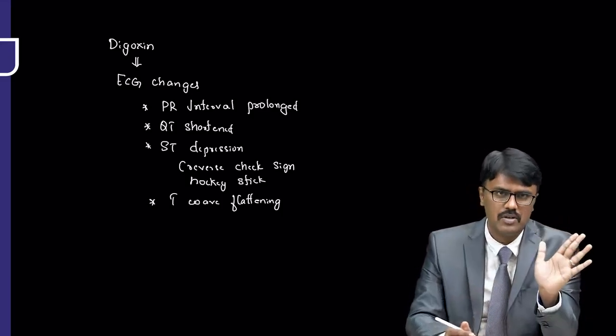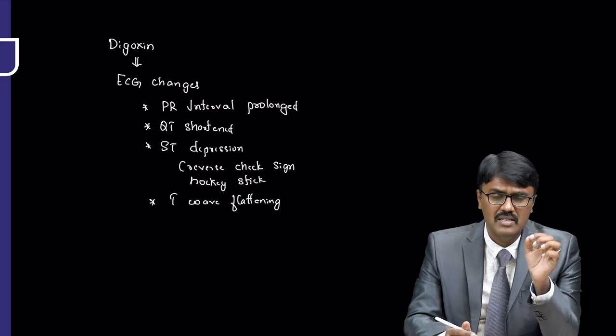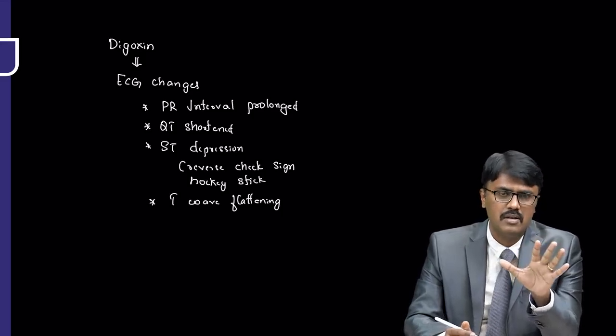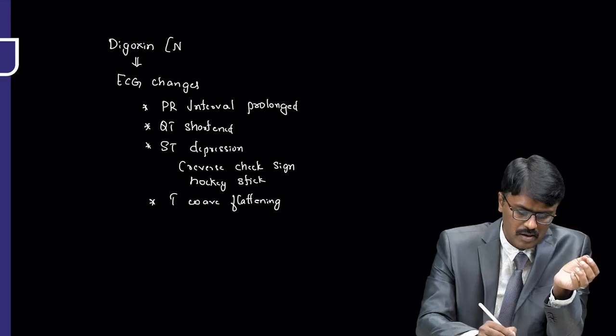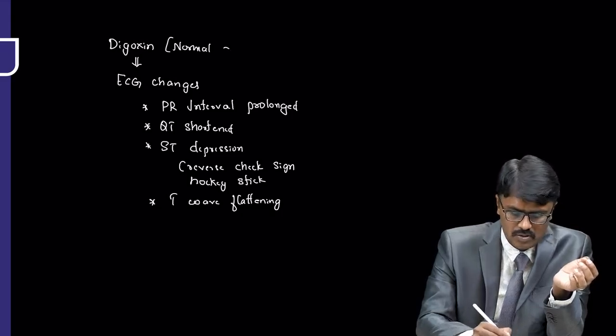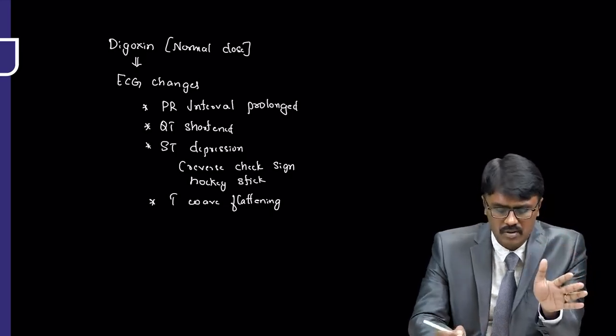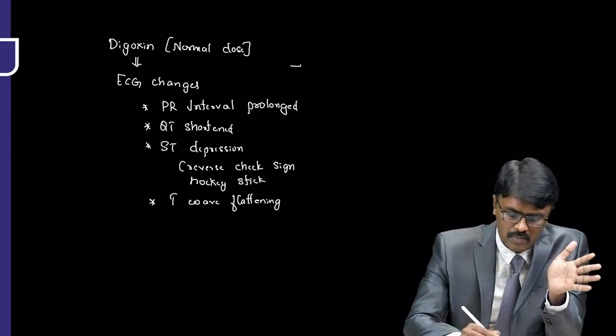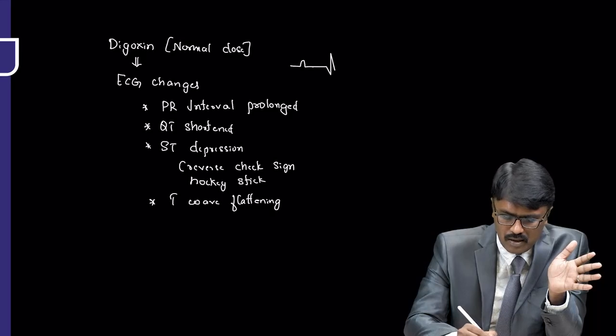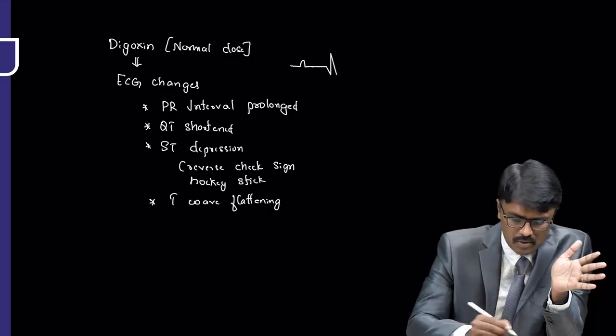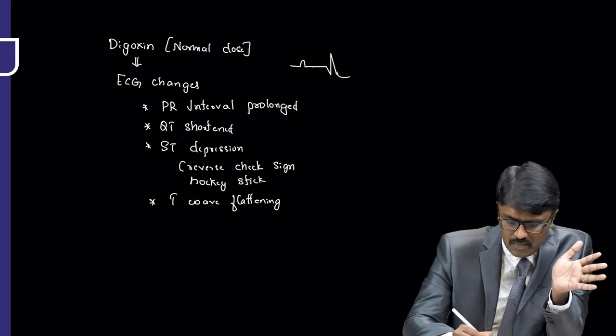When the patient is given digoxin, please remember these ECG changes are not going to tell you toxicity. This is seen with a normal dose of digoxin. It is not a sign of toxicity. PR interval is prolonged. Suppose this is the P wave, then we have QRS, and there is the scooping sign. So this ST segment looks like this.